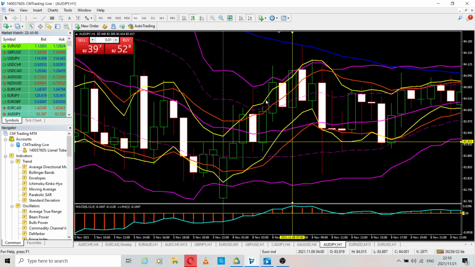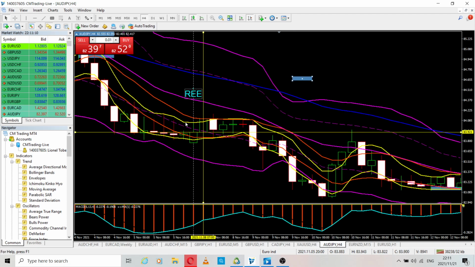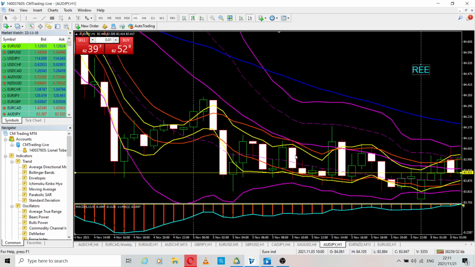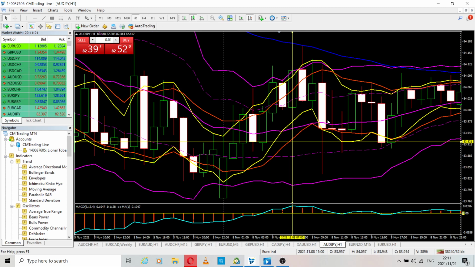So now, because we have the fourth candle as this one, remember we were counting from this candle here. So this one also closed there. At the same time, when it closed, this is where it closed. Then we can say this was your extreme.